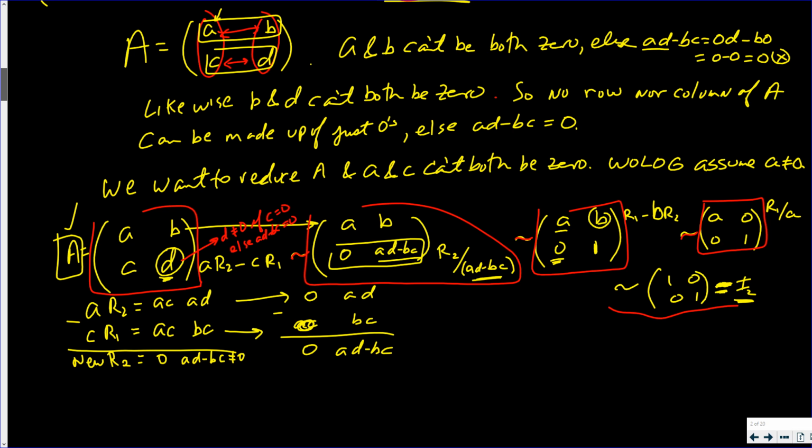Okay, because if C is 0, we just get AD. But if D is 0, then we got 0, which is a contradiction. There's the proof.